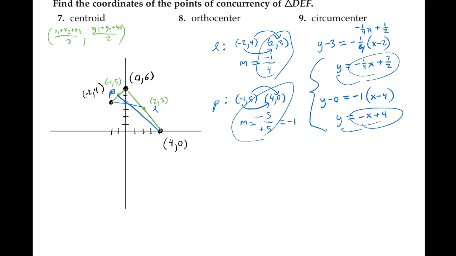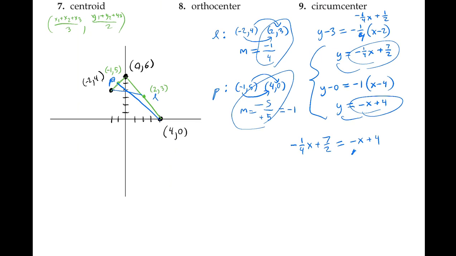So then to find the centroid, I just go -1/4 x plus 7/2 equals -x plus 4. So I'll add this up, or actually, let's just multiply by 4 on both sides. So we get -x plus 14 equals -4x plus 16. So we add the 4x to the left, we get 3x. We subtract the 14 from the other side, equals 2.